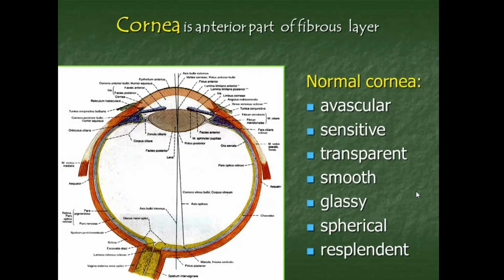Now we should discuss the inflammatory diseases of the cornea. This is part of the fibrous layer. Normal cornea is avascular, sensitive, transparent, smooth, glassy, spherical.